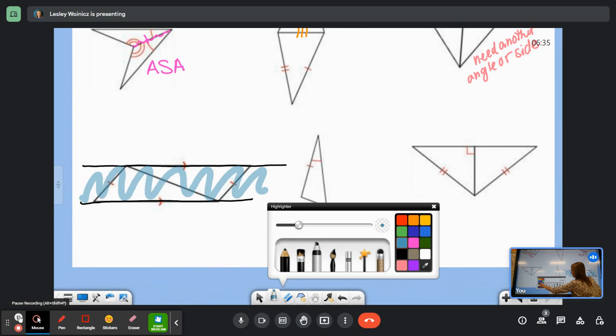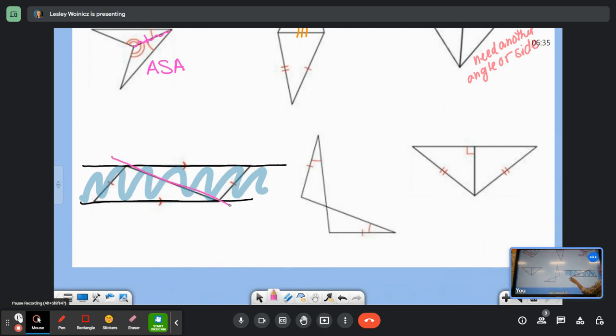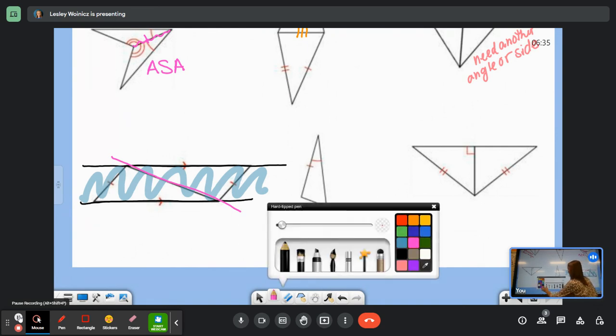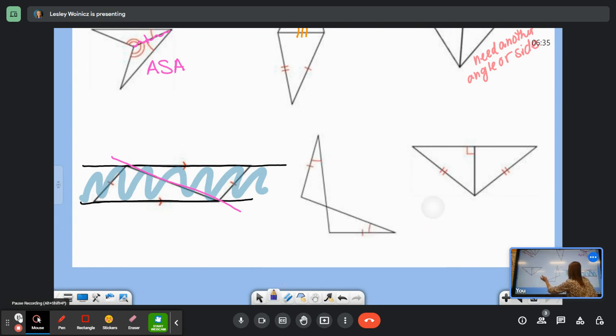Okay, I'm gonna make my transversal hot pink. So what you can see here is that I have a pair of congruent angles that are alternate interior angles. Interior to the parallel lines, alternate sides of my transversal.